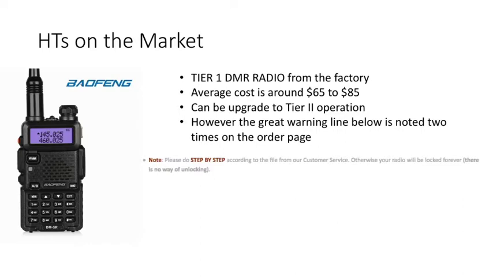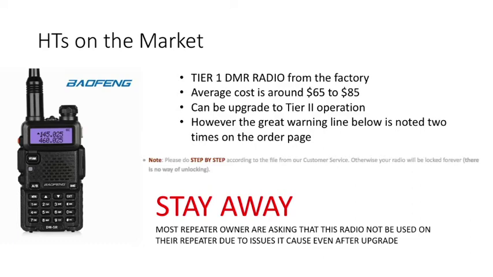Here's something else that bothers me about these things. A couple months ago I saw an email go out where a lot of DMR repeater owners are asking that this radio not be used on their repeaters. So the big giveaway here is stay away because, first of all, they're Tier 1 from the factory. You're going to have to do an upgrade that may brick an $85 radio.